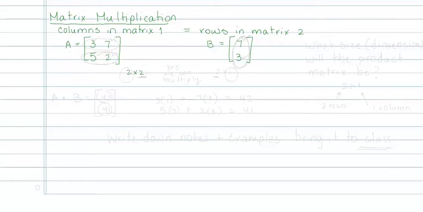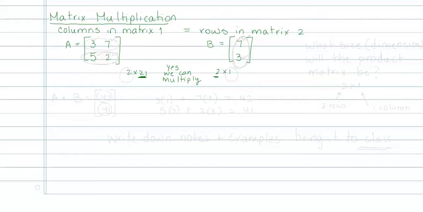Matrix B has 2 rows, but it only has 1 column, so it's a 2 by 1. Well, the number of columns in matrix A is 2. And this number 2 is the number of rows in matrix B. And they're the same. So, yes, we can multiply.